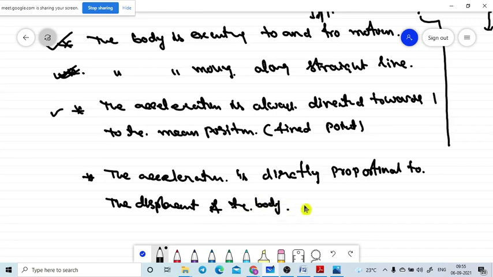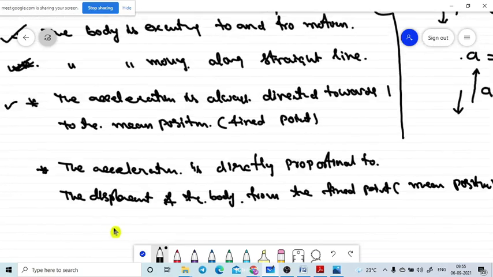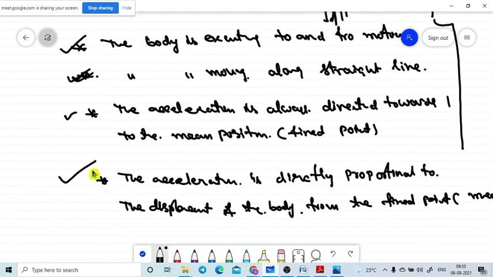From the mean position, or from the fixed point, in bracket mean position. So if a body executing any oscillatory motion satisfies these properties, that motion is named simple harmonic motion.